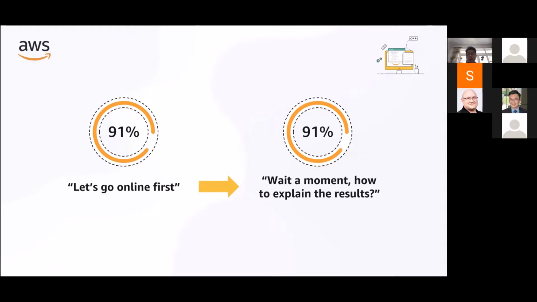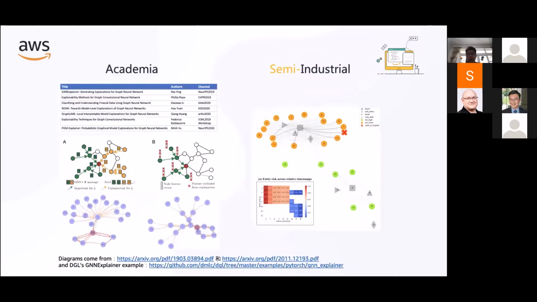So in recent years, we need to have a model explanation before we can put the model into production. Unfortunately, I can find only some research papers and works about explainability on graph neural networks, and the papers in this deck are kind of out of date. I collected them at the beginning of the year.